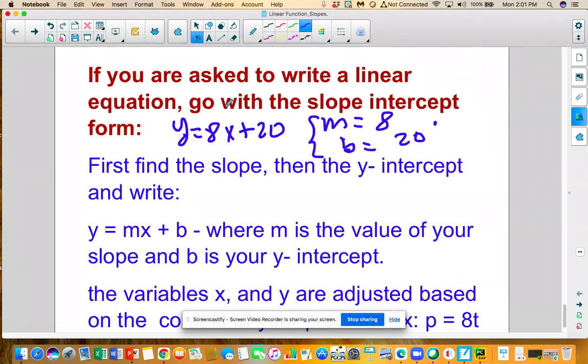So the only two things I need to worry about replacing in the formula are the slope and the y-intercept.